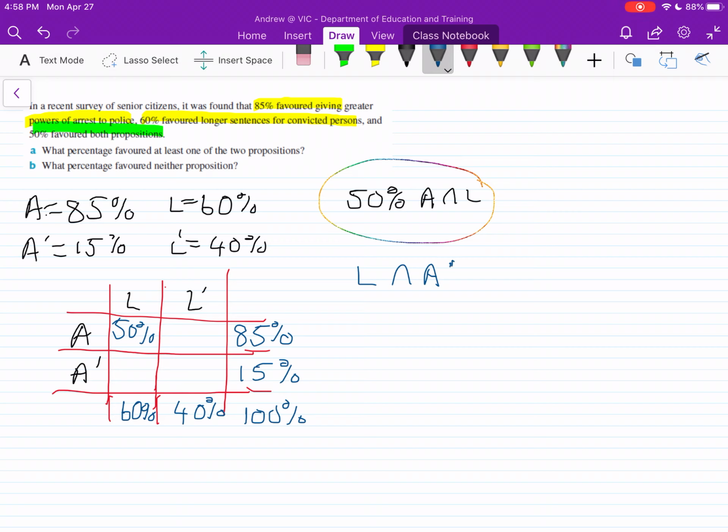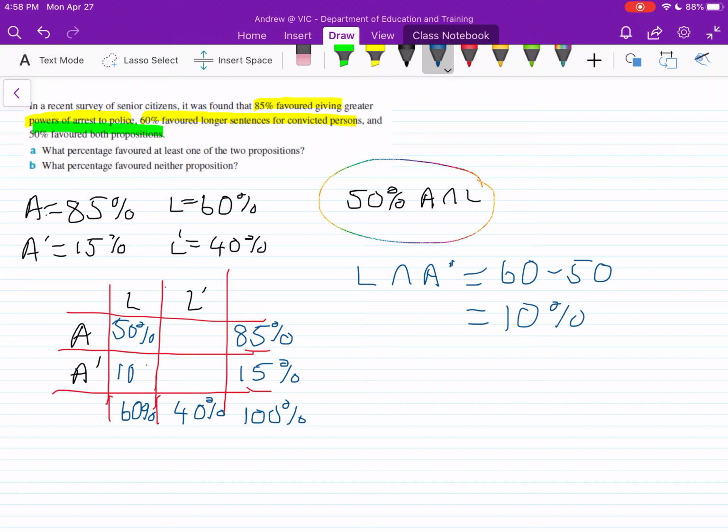This is just our total, or 60% down the bottom here, and then we just minus 50 of our value there, because those columns need to add up to the same value. So that there is 10%.